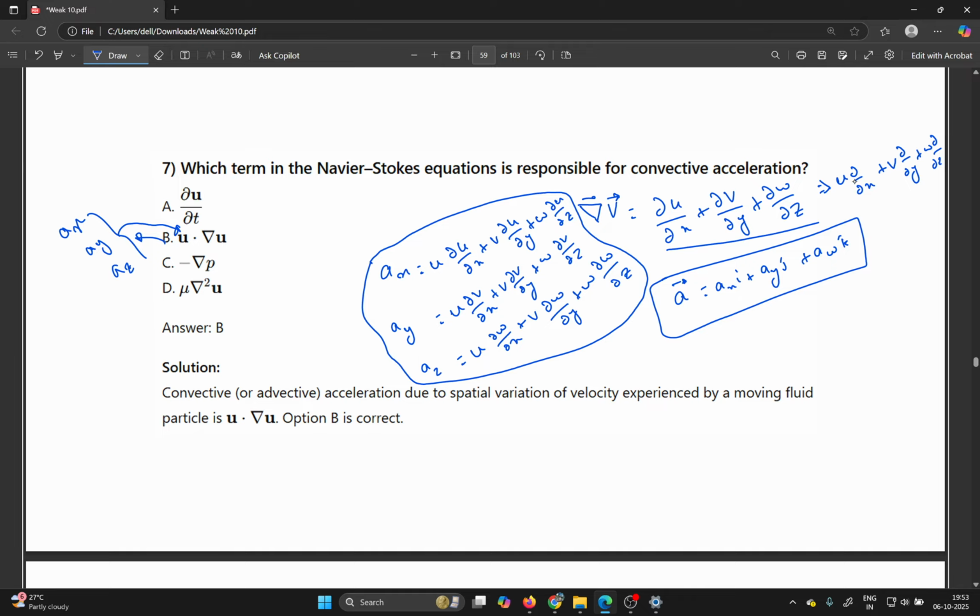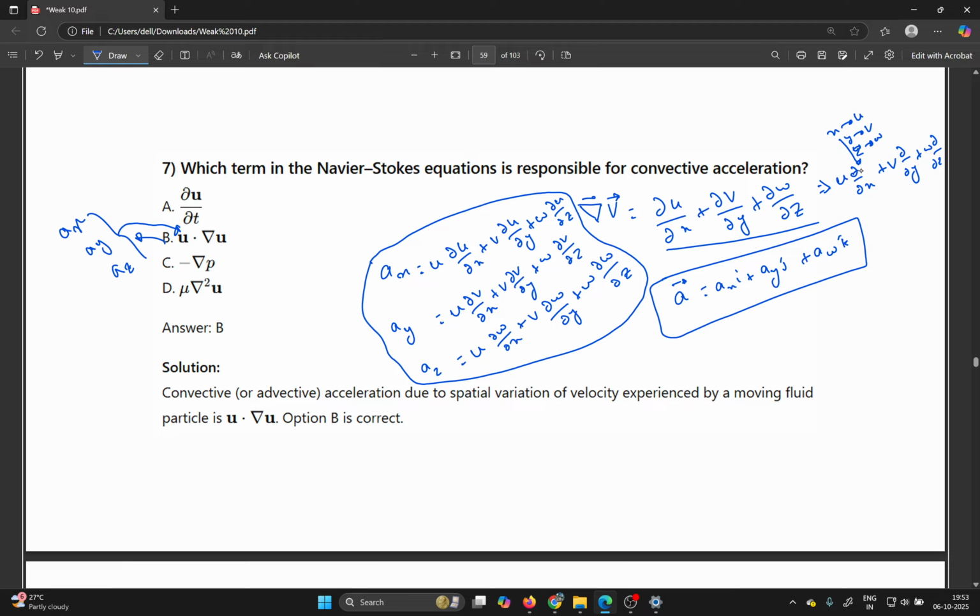For the x direction you need u, for the y direction you need v, and for the z direction you need w. So think on that.